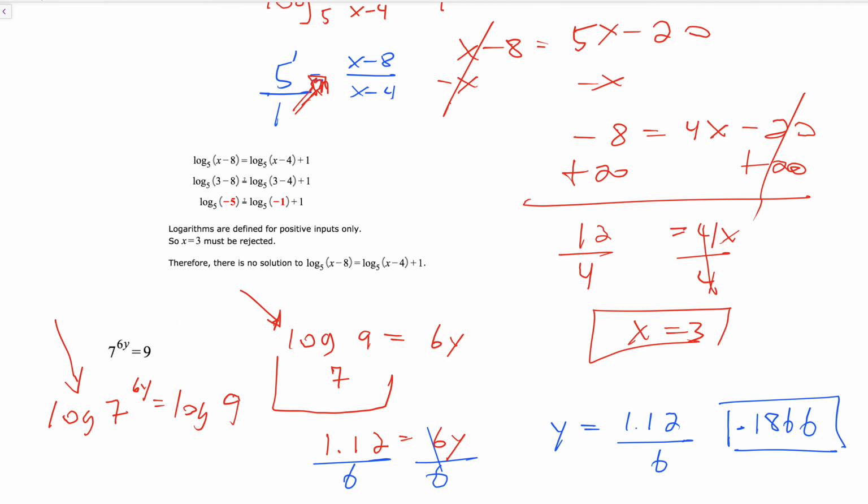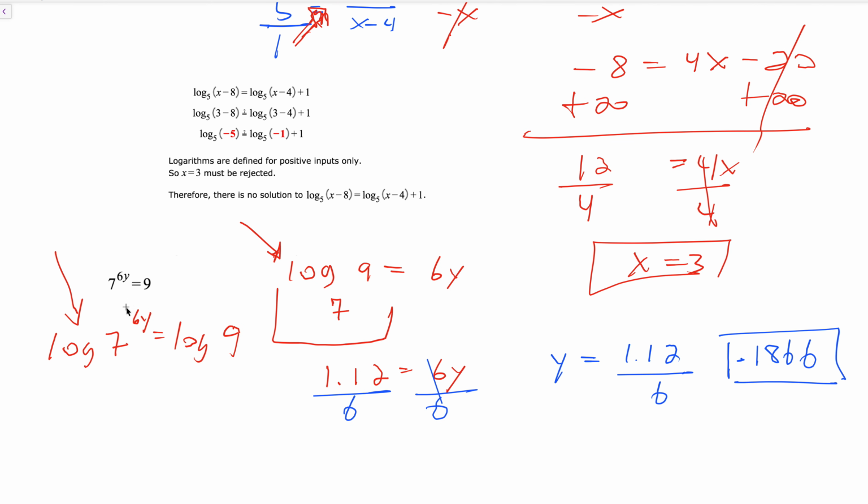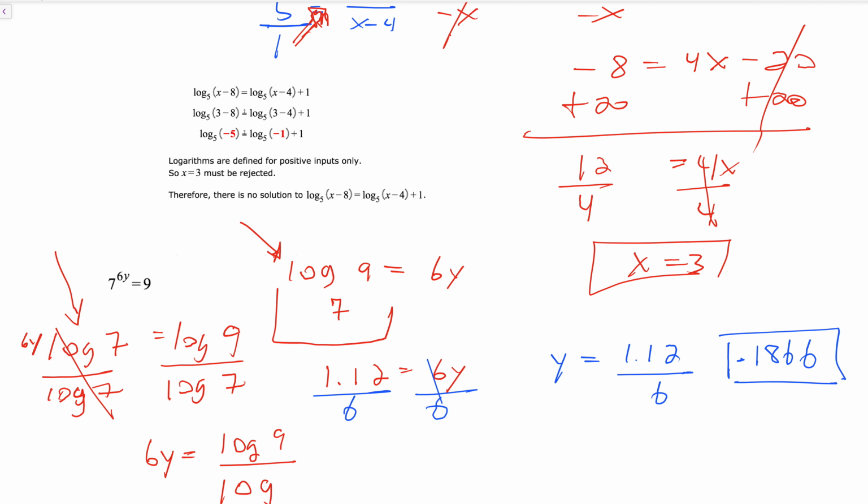And then this one over here, using the darts, you get to use your power rule. This goes over here, bam, and then divide by log 7. My dart rule takes it to log base 10. 6y times log 7 equals log 9, because I can throw whatever log base I want, and I'm throwing log base 10s.